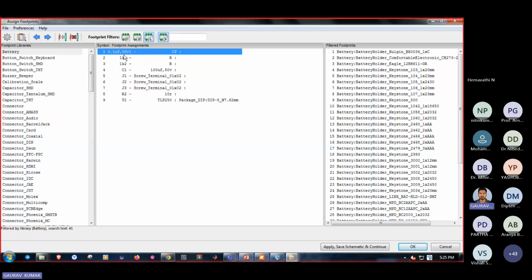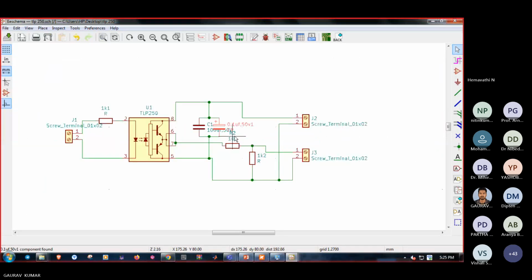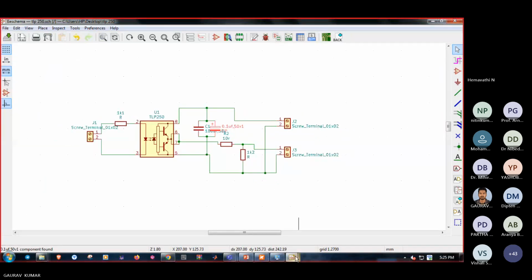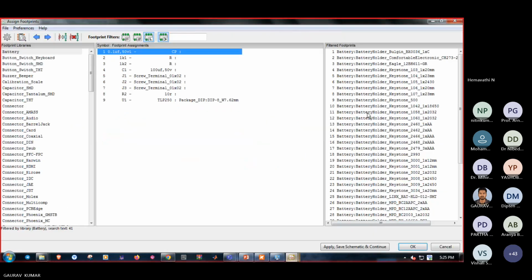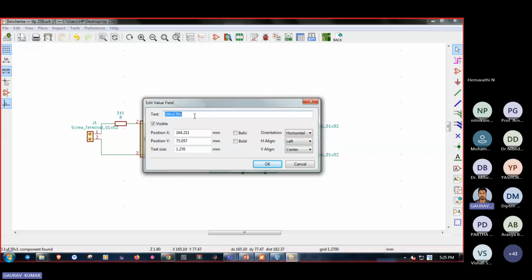So these are the components which are showing. Right now we have to select their footprints. The first one is the 0.1 microfarad 50 volt capacitance, which is the unpolarized disk capacitance.